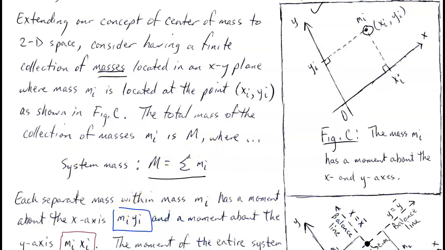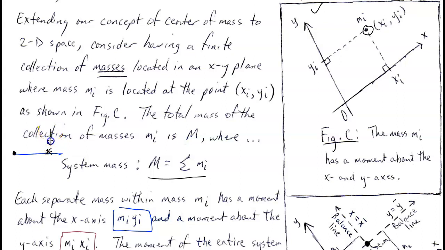Just in general, if I'm talking about a moment, I'm going to go back to the one-dimensional figure for a second. If this is my origin here, and let's say my mass is right here, this mass is going to have some weight on it.